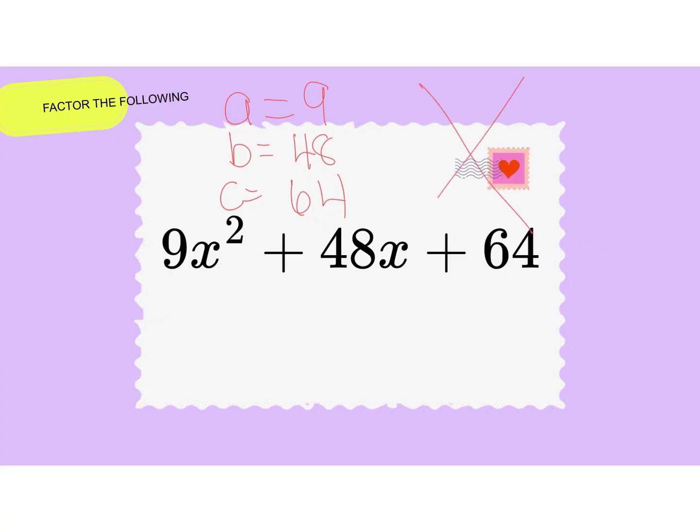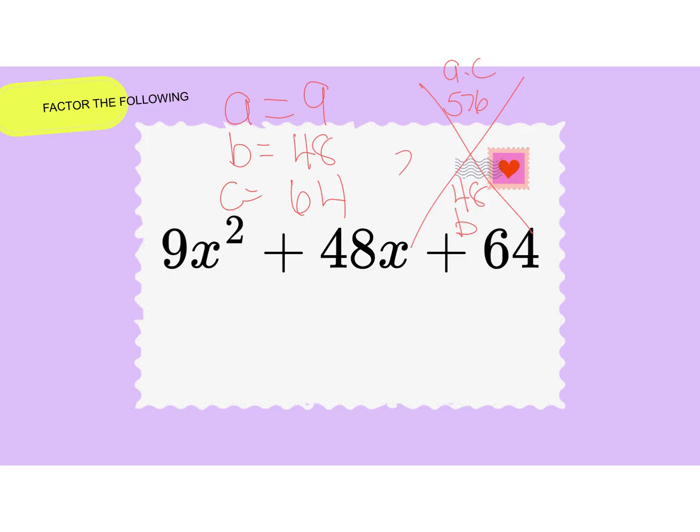So here I'm going to have to do my A times C. My B value is 48. I need to know my A times C value, so I'm going to go into Desmos for 9 times 64. Wow, that gives me 576. So you need to find two factors that will multiply to give us 576, but will add to give us 48.